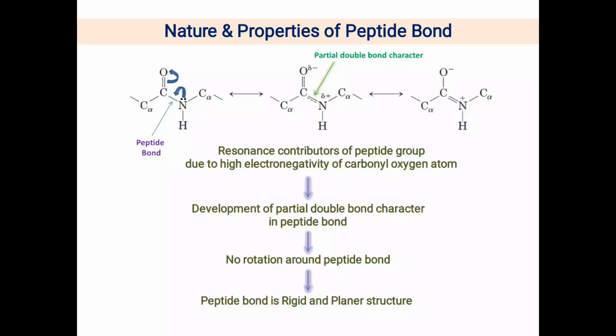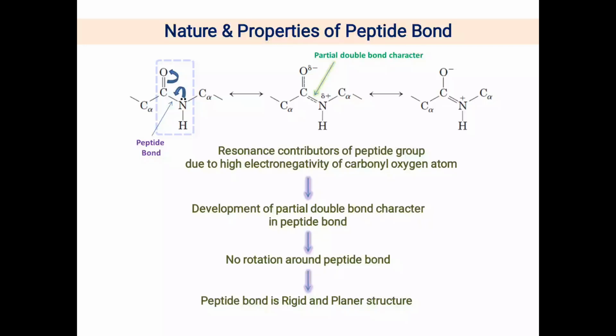Just after the formation of the peptide bond, a peptide group also appears. The peptide group consists of the carbonyl oxygen and carbonyl carbon, which are the leftover part of the carboxyl group after the removal of the hydroxyl group, and the third and fourth atoms, the peptide nitrogen and peptide hydrogen.